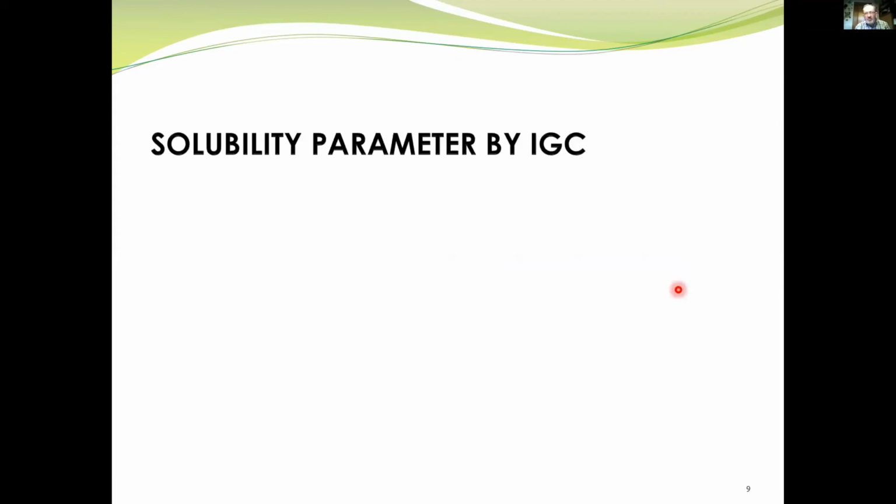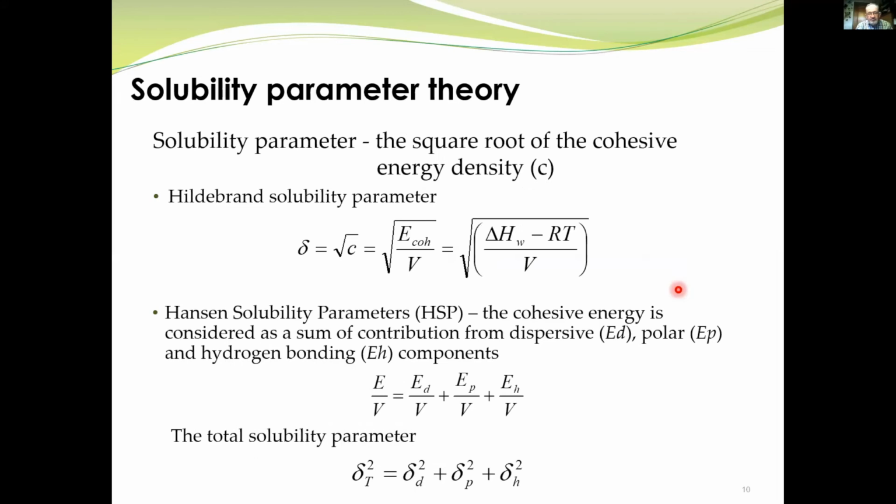Another part of our activity is solubility parameters determined by IGC. For all people who are not familiar with the theory, the solubility parameter was introduced 100 years ago by Hildebrand.